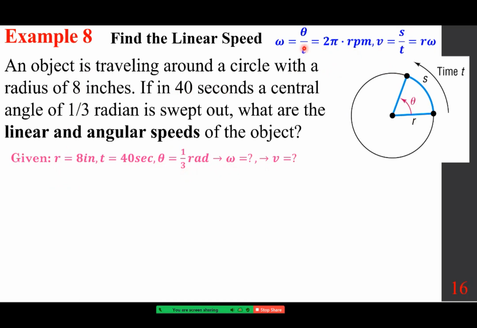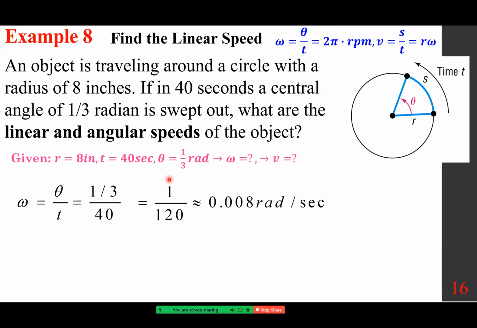So we're going to stick with this formula and say omega is theta over T, where we have theta 1/3 radians, when we have T 40 seconds. So when we do that, it becomes 1 over 120. And it's the precise answer, and this becomes 0.008 radians per second.